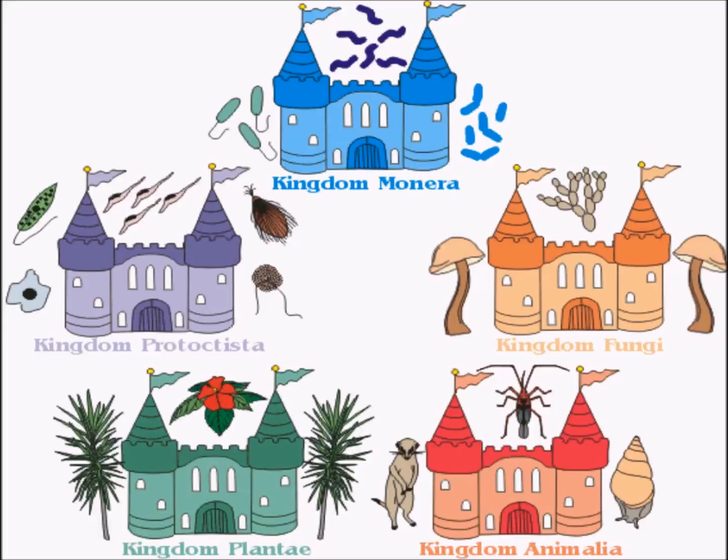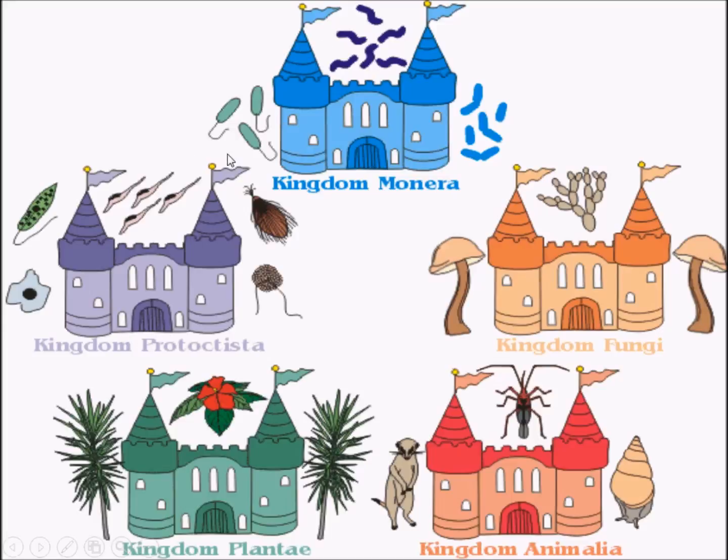Now, have you ever thought of its demerits? Demerits of the R.H. Whittaker 5 kingdom classification: it has reference to the lower forms of life. The kingdoms of Monerans and Protistans include diverse heterogeneous forms of life.